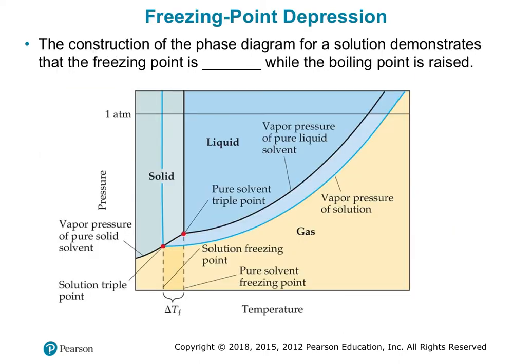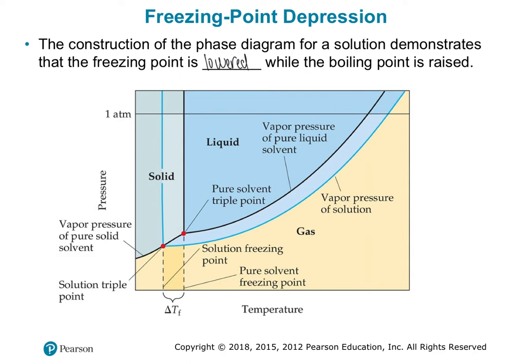Now at freezing, we are going to see a freezing point drop because now that I have created a solution, those IMFs are stronger for my solution than they were in my solvent, so it actually takes more energy to get those solvent molecules to stop moving around and stop being in solution and just be frozen.